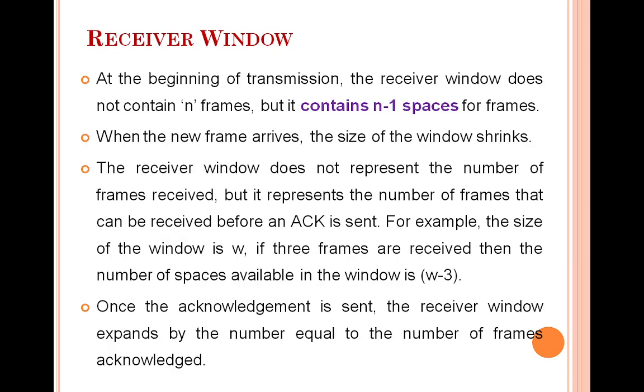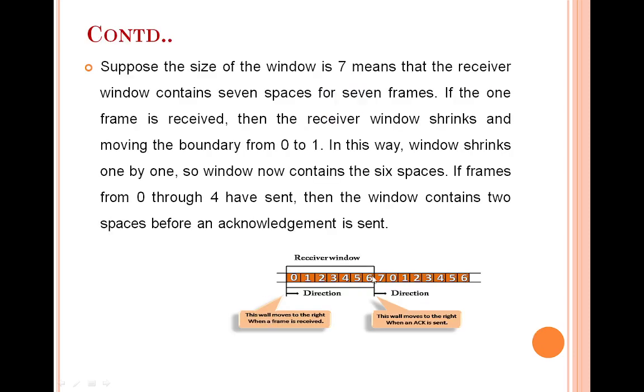Then at the receiver side, the window contains n minus 1 spaces for frames. Once the acknowledgement is sent, the receiver window expands by the number of frames acknowledged. Now you can see the difference: the wall moves to the right when the frame is received, so it will expand.